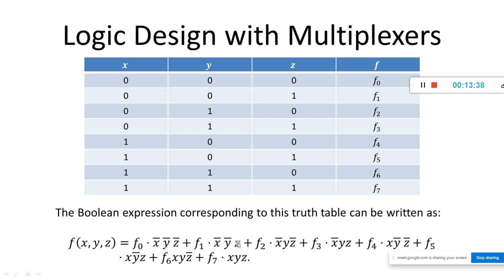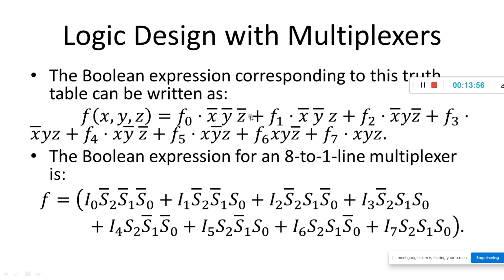If it is 0 0 1, then f1 is selected. If it is 0 1 0, f2 is selected. Similarly up till f7. If all the select lines are 1 1 1, then f7 is selected. This is the boolean expression corresponding to this truth table.